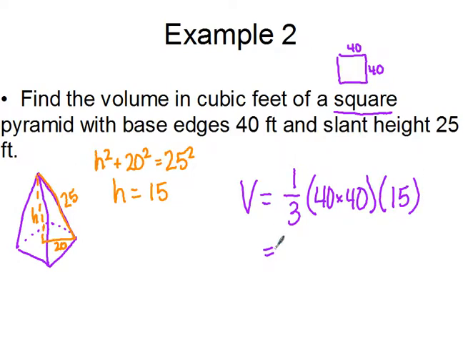So 1/3 times 40 times 40 times 15 would be 8,000. And it's feet cubed. Okay, that one's a little trickier, so you may need to ask for help if you don't quite understand that one.